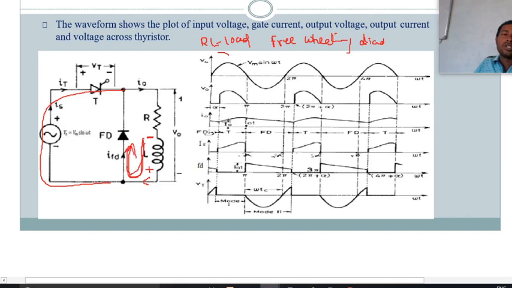It flows in this direction through the diode and to the load, and there is no connection with the supply and the thyristor. If the thyristor is forward biased, the diode will be reverse biased, so the diode acts as an open circuit and there is no effect with the positive cycle.